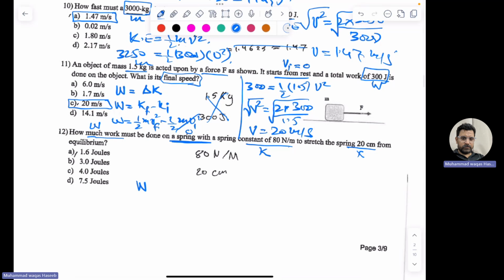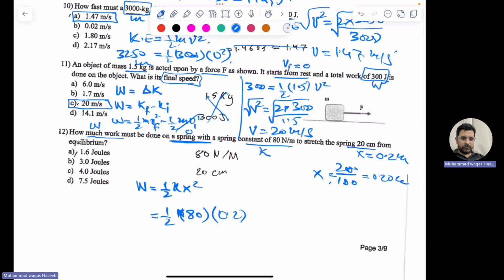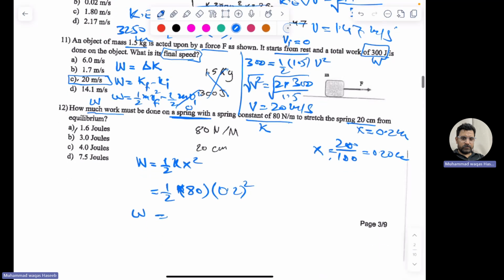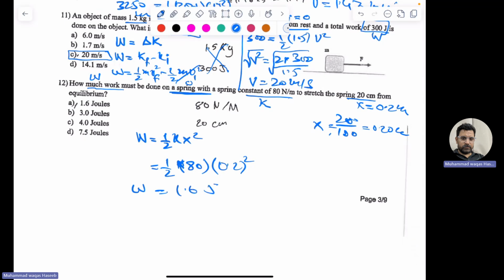So work done by this spring is calculated as this. 1 half k is 80, and x is 0.2 meters. 20 divided by 100 is in meters, which is 0.20 meters. So x is 0.2 squared. So the total work done is 1.6 joules.